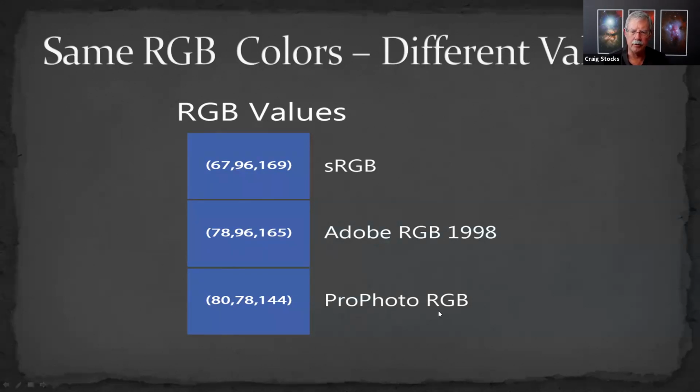Once you get to ProPhoto RGB, because there are so many colors available in that color space, you can run into banding problems if you try to pack those all into just 256 divisions. So if you want to work in ProPhoto RGB, you really need to work in 16-bit color in order to have enough precision of the different colors in order to not have issues with banding.